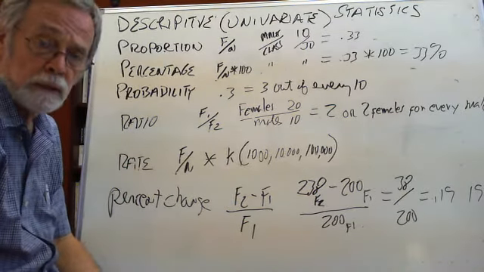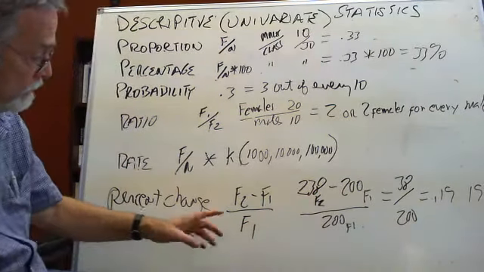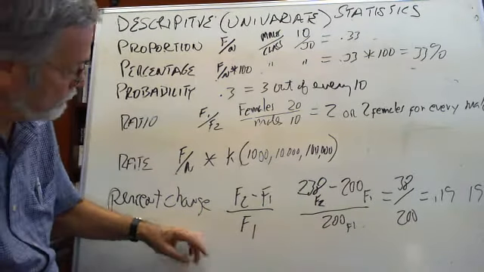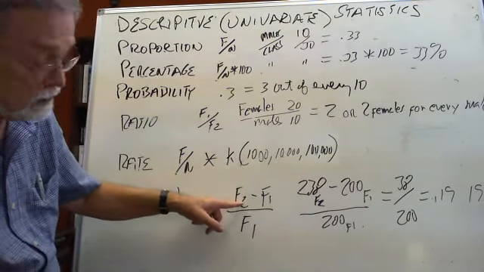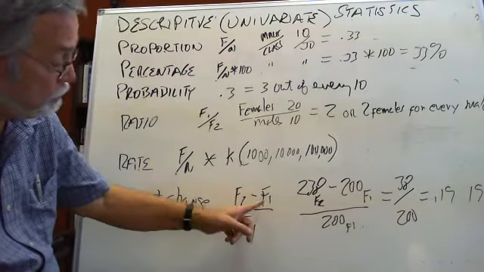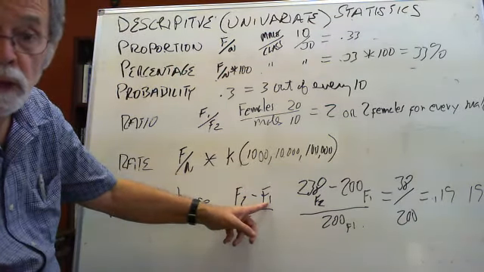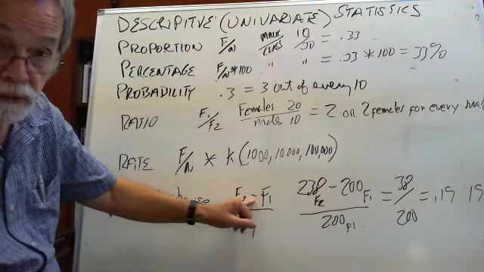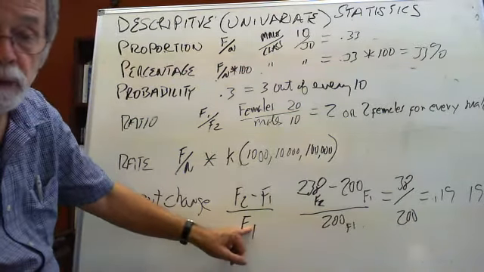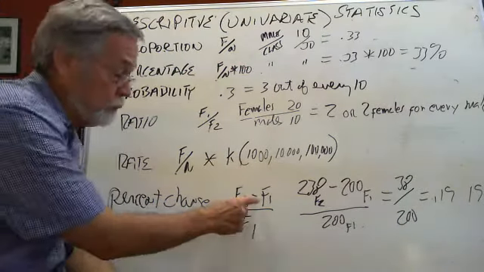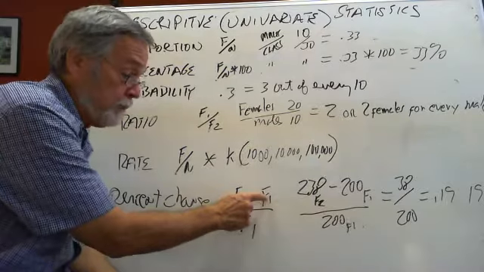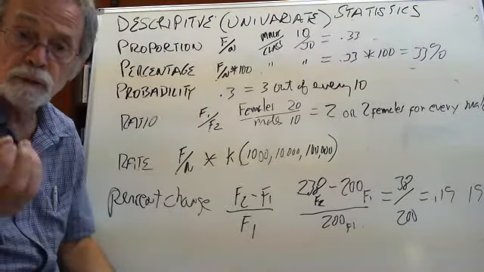Now, percent change is a very handy tool. You'll see the formula in the book: you look at the frequency at time 2, subtract the frequency at time 1, and then divide that difference by the frequency at time 1, and that gives you the percentage change from time 1 to time 2.